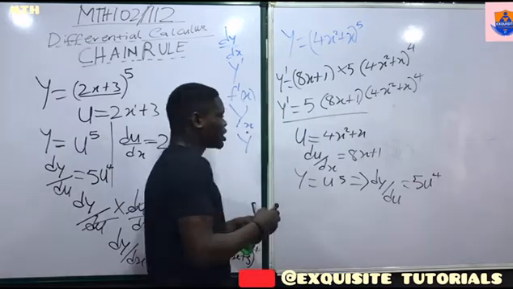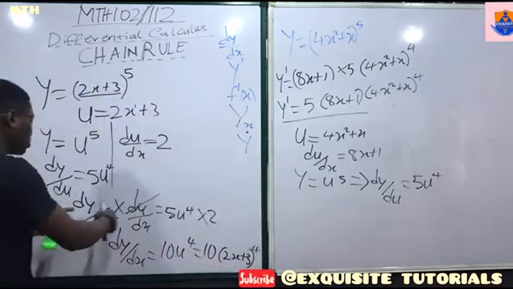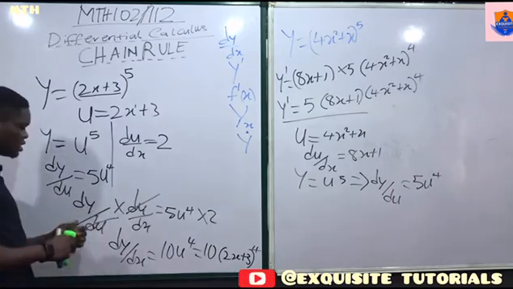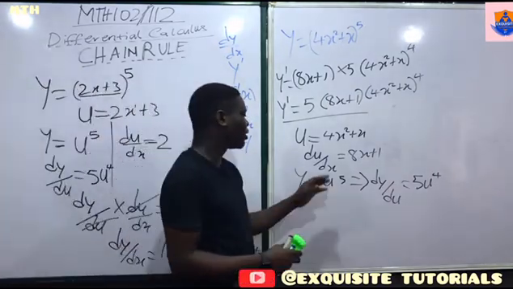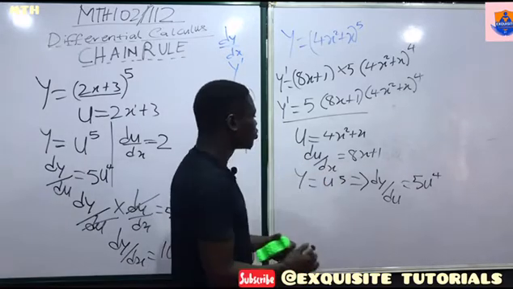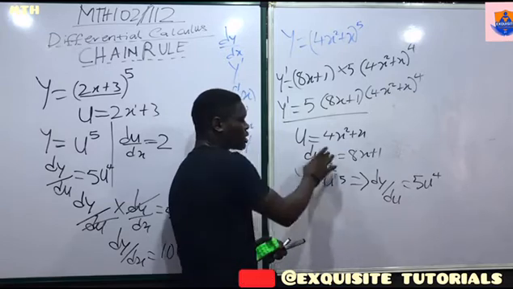Now, remember we said in chain rule, you have to multiply these two things. This is actually the chain rule here, that dy over dx is dy over du times du over dx. So we are going to have this times this, and the du will automatically cancel out.